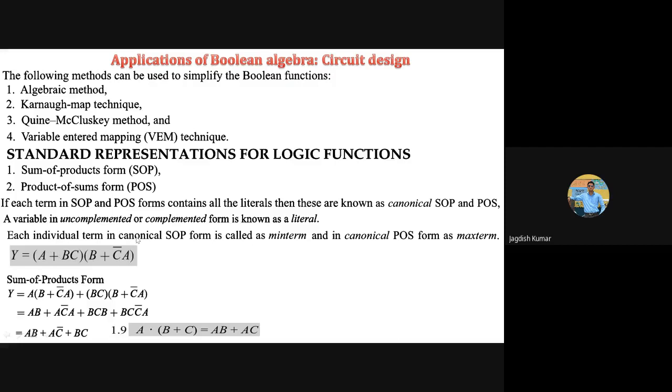Each individual term in canonical SOP form, then the question is, what is canonical? If in SOP or POS form, each term, so these are called terms, I hope you are aware of algebra, AB is one term, AC complement is another term, BC is another term.